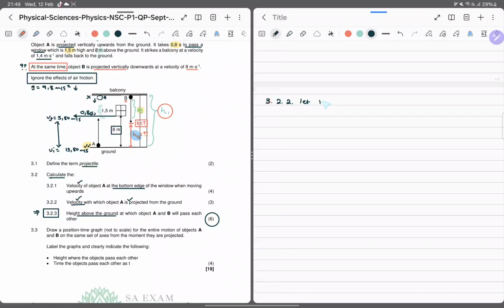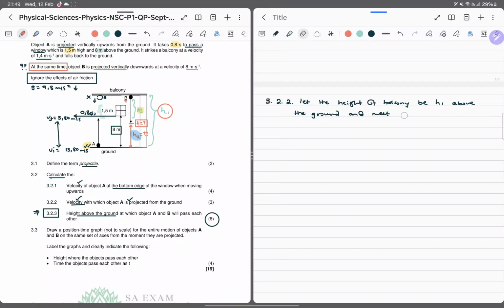Now let's say, let the height of the balcony be H1 above the ground, and the two balls A and B meet at H2 above ground.